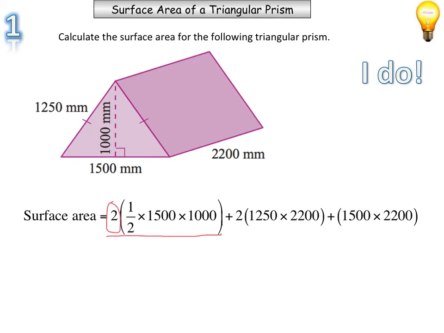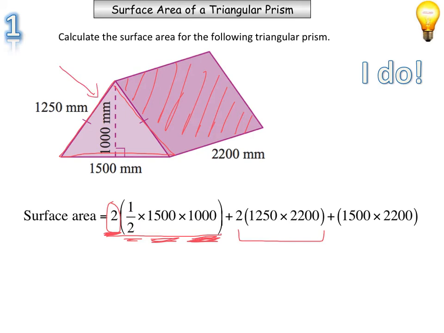The first triangle is the front, and that's a half times base times perpendicular height, and I've multiplied it by 2 because we've got two triangles. This piece of working out is two lots of that rectangle, because the same rectangle is on the other side.